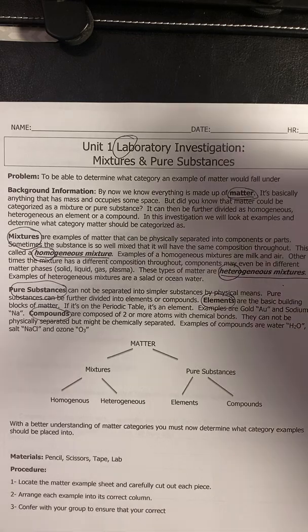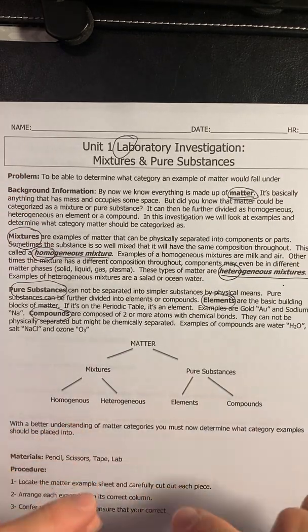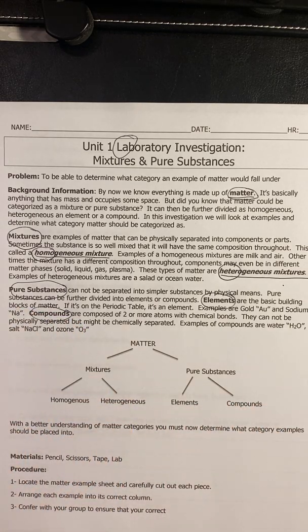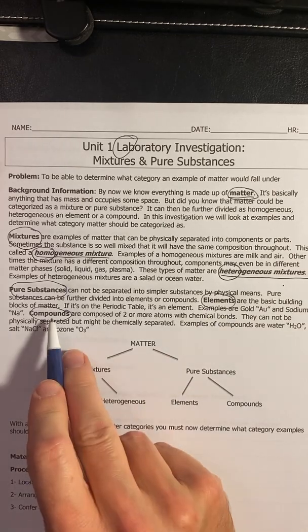Which just basically means if I had a sample of gold and I were to cut it in half, and cut that half in half, and so on and so forth, I could get all the way until I've got just one single atom of gold. Now, you could break that atom up into smaller parts, but that's not unit one. You could get down to just one atom of something, it's an element.